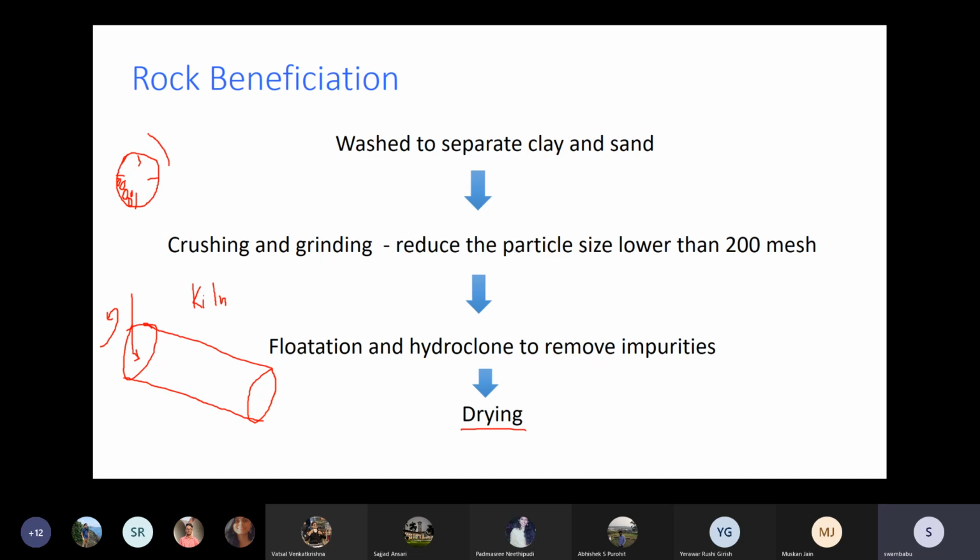When you rotate it, the particles are carried up, and when they come to this stage, by gravity they fall down.